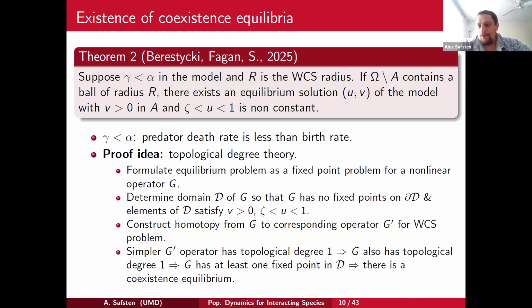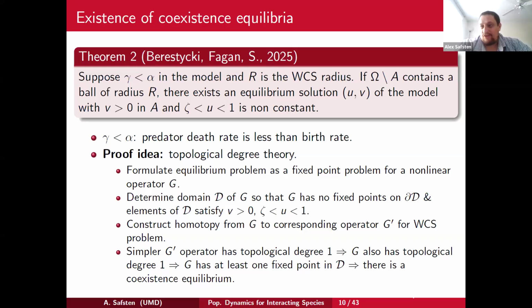So the idea of the proof here is based on the theory of topological degree. Essentially, we formulate the problem of equilibria for this model as a fixed point problem for a nonlinear operator G. The tricky part is to determine a domain for G so that G maps the domain to itself, and it has to, of course, have a fixed point in there, but also make sure that G does not have a fixed point anywhere on the boundary of the domain.